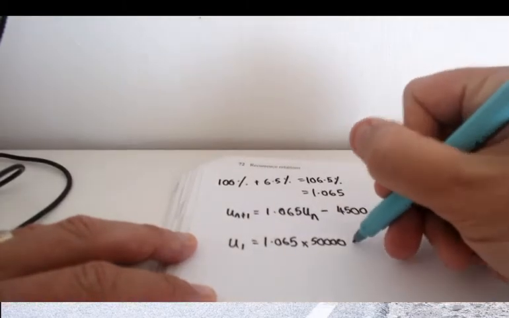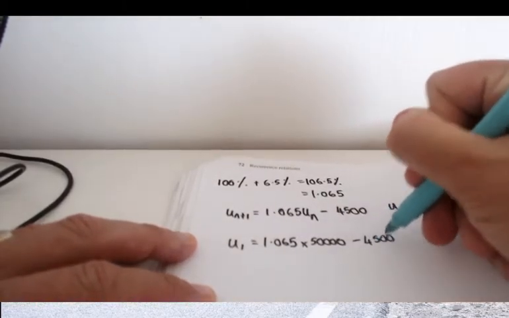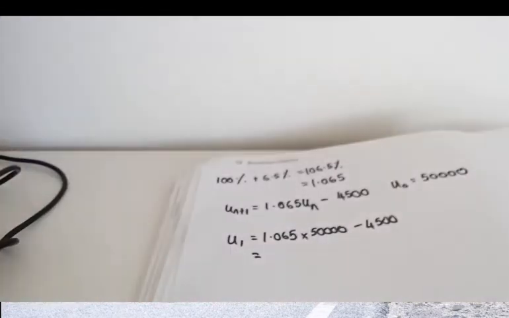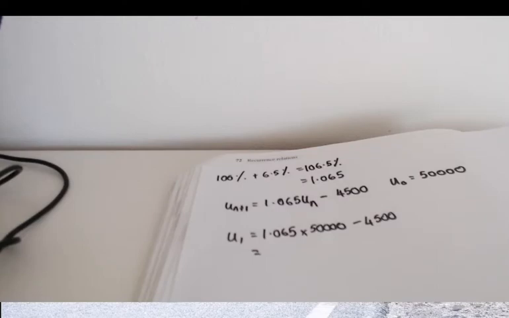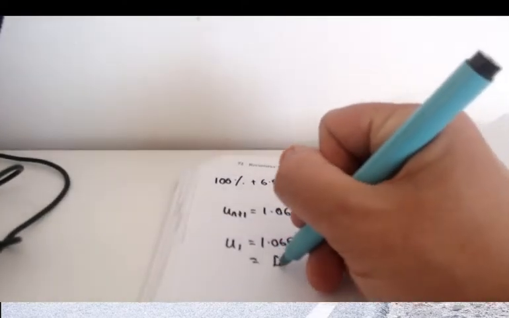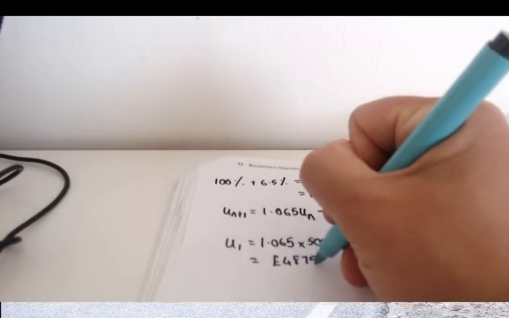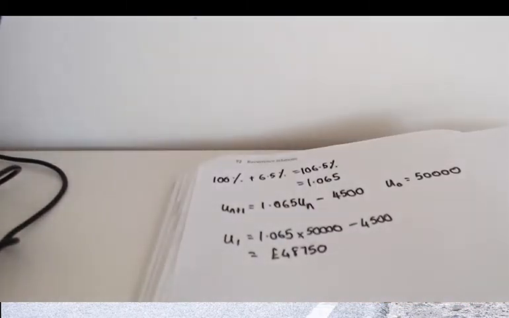And then I need to take away £4,500. Go to my calculator to work that out. 1.065 times 50,000, take away £4,500 will equal £48,750. So after 1 year, that's how much they will owe.